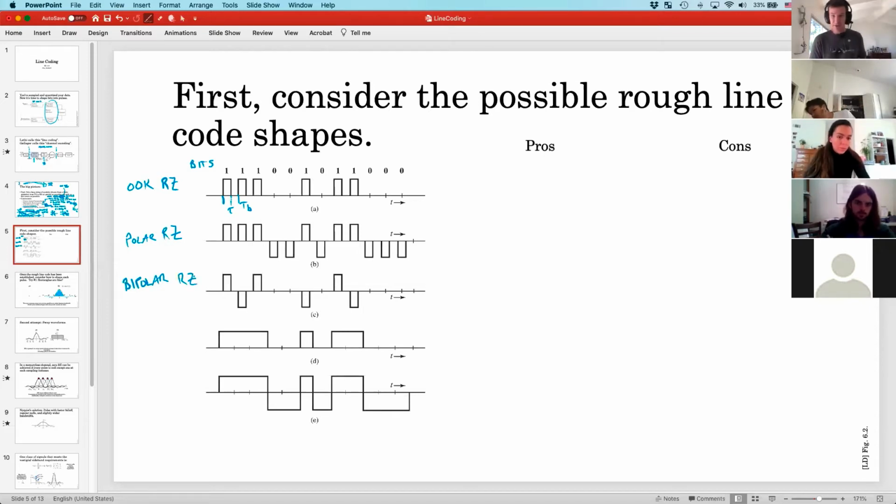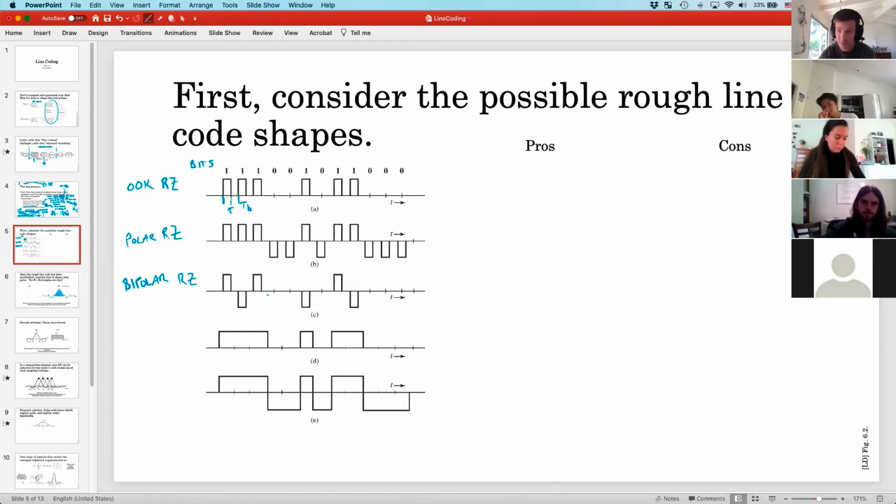All right, what's going on here? It's still positive pulses and negative pulses, but if you look, the thing that governs the positivity or negativity of the pulse is not the bit identity, it's the bit identity and the previous bit identity. So this is: send a 1 as a pulse whose polarity is opposite of the last one's pulse.